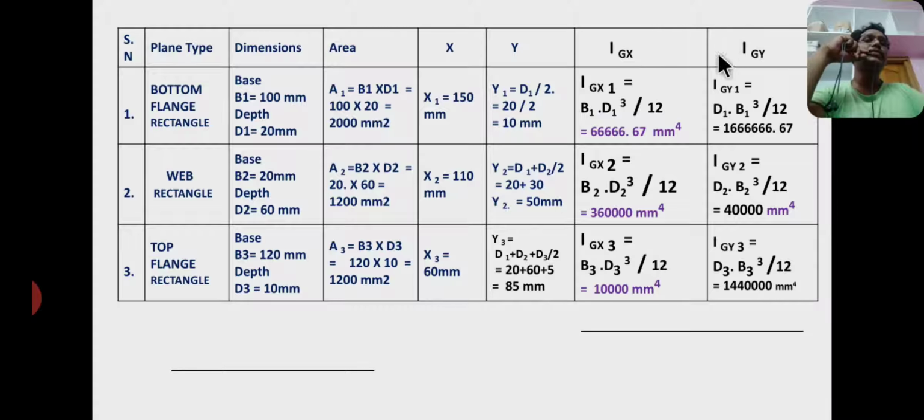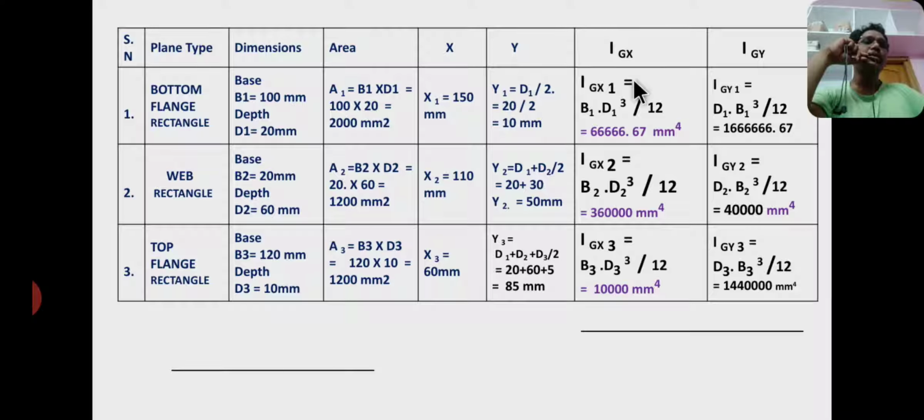IGX, IGY. I refers to area moment of inertia. GX refers to the centroidal x-axis, whereas GY refers to the centroidal y-axis. So IGX is the area moment of inertia about the centroidal x-axis, and IGY is the area moment of inertia about the centroidal y-axis.